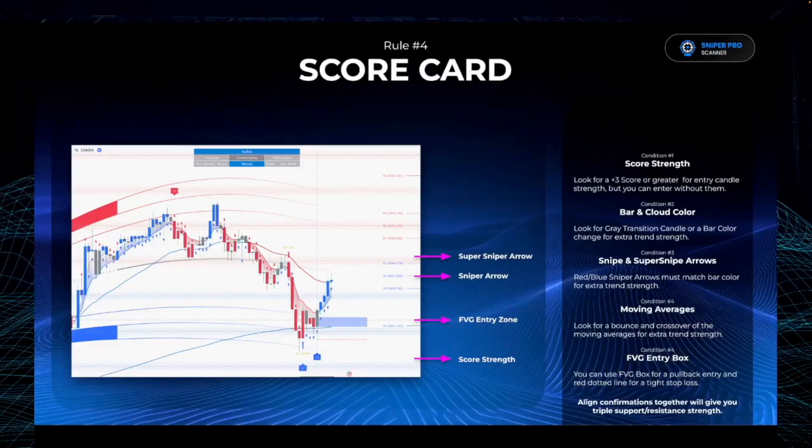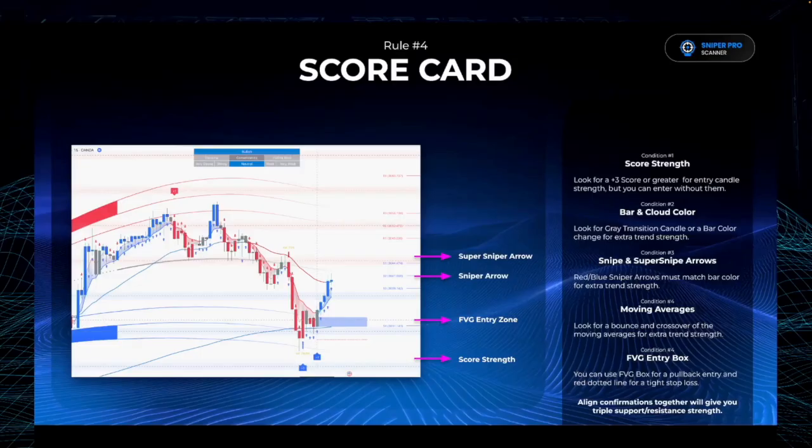If you see a +10 score, that means that you have all 10 indicator confirmations, including divergence, including the crossover, including engulfing candles, including FVGs, including MA crossovers, including every other secret component that we have behind the Sniper Pro. It's all built in and baked in together right there. So the higher the score, the stronger the movement may be.